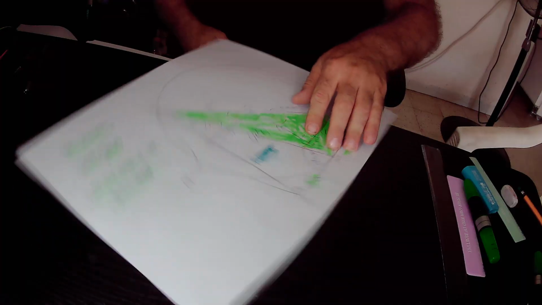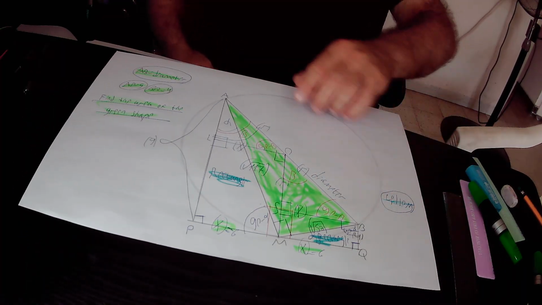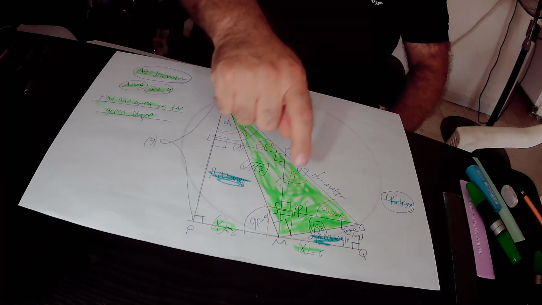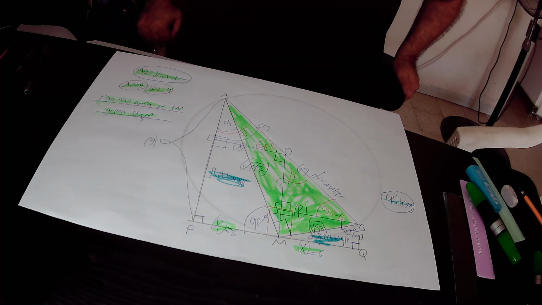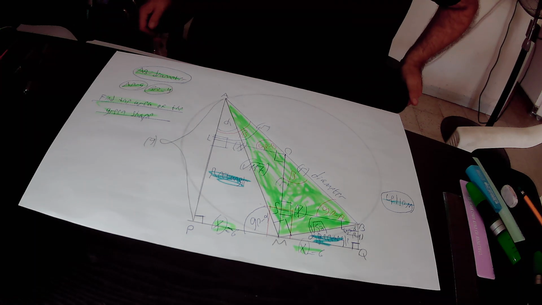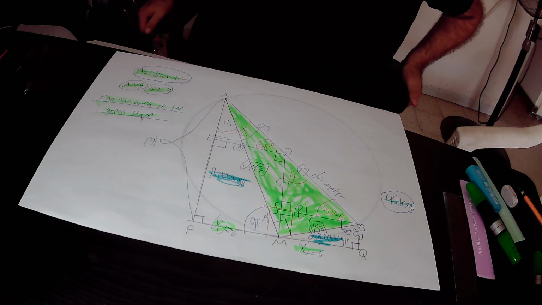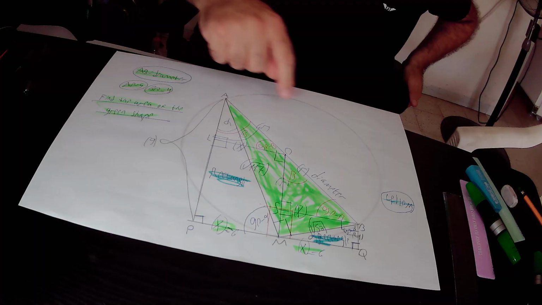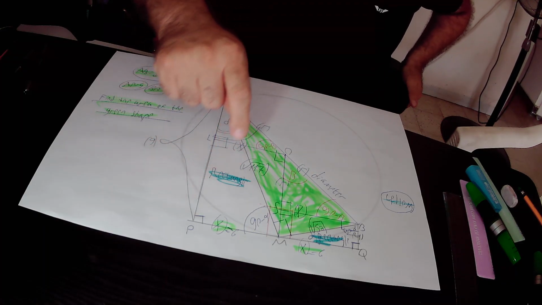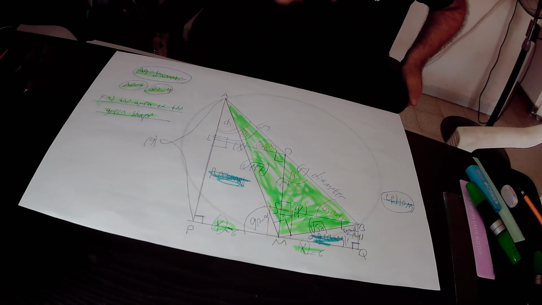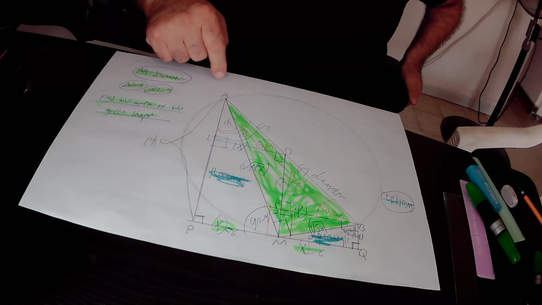The next time we focus on this big quadrilateral LOMP. We know that the opposite sides of a rectangle are parallel to each other. So in the big rectangle LOMP, side LP is parallel to the opposite side OM. But LP is part of the straight line AP.